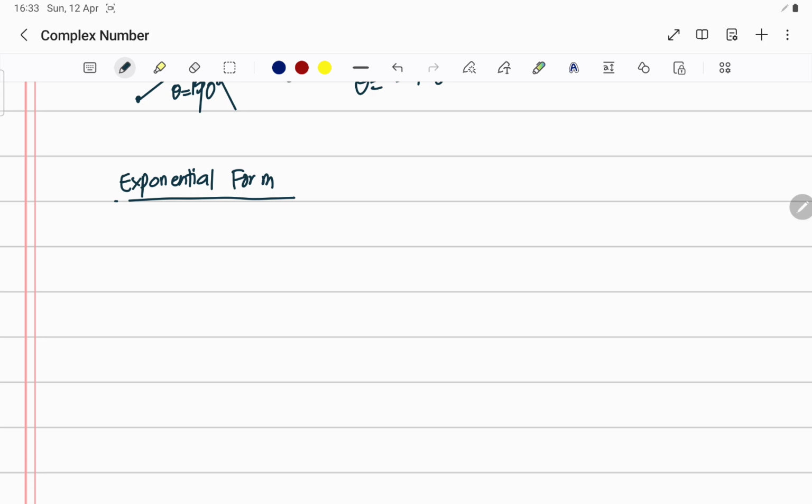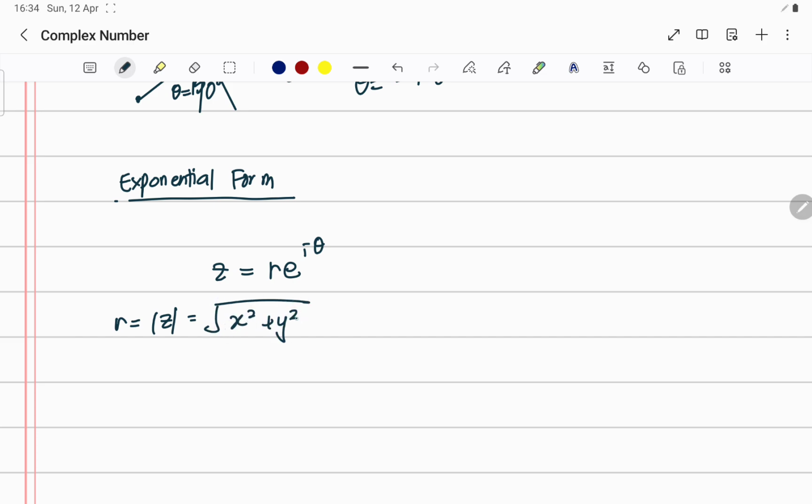Okay, exponential form is also similar. Here it is z equal to r e to the power of i theta. So r is the same formula, which is the modulus of z, square root of x square plus y square.